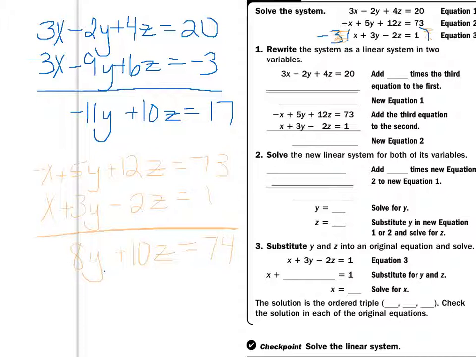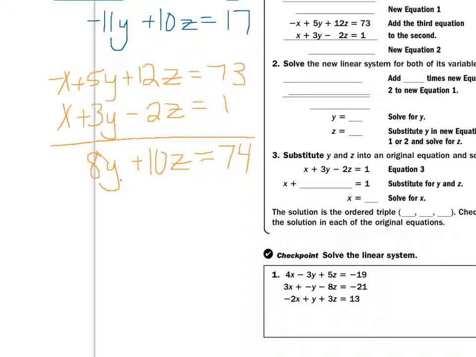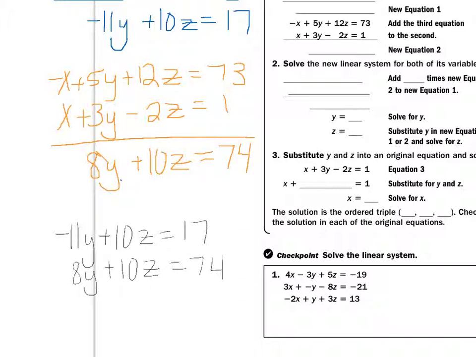Now, I have 2 revised equations, and I need to manipulate those to get rid of one more variable. So, let's try that. Let me change colors once again, and rewrite the 2 equations next to each other. So negative 11y plus 10z equals 17. Then we had 8y plus 10z equals 74. What would be the easiest to get rid of?